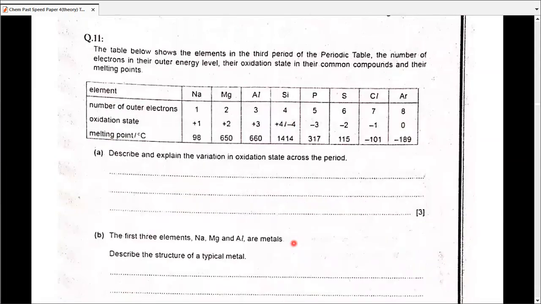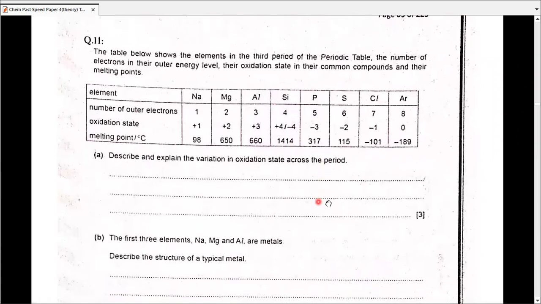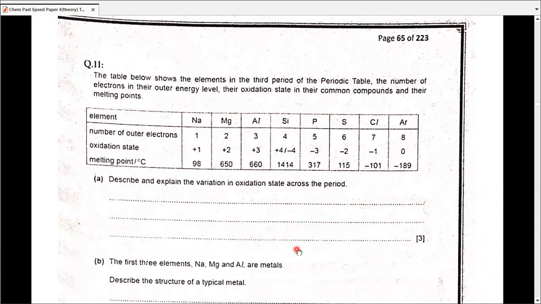Okay, moving on. Question number 11. Again, a similar kind of question. The table below shows the elements in the third period of the periodic table, the number of electrons in their outer energy level, their oxidation state in their common compounds, and their melting points.